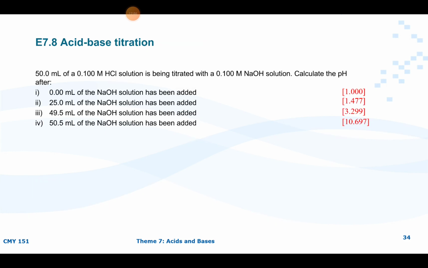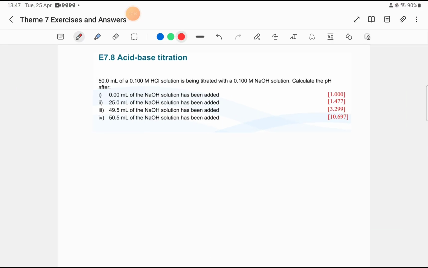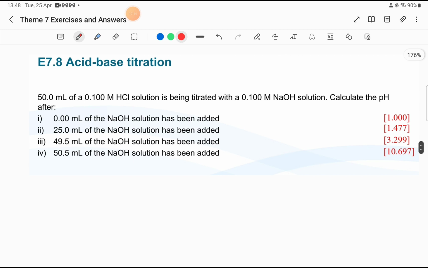Right, so let's quickly do this example. This is just to illustrate a bit really what happens during acid-base titration. In this case, we actually have all of the known quantities. So that's why I say this is to illustrate what is happening. We are taking 50 mL of a 0.1 molar hydrochloric acid solution.